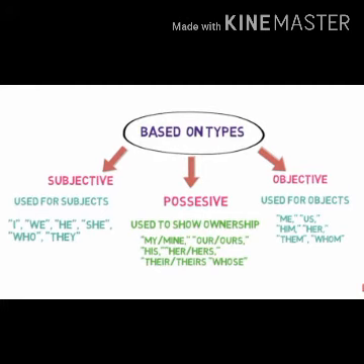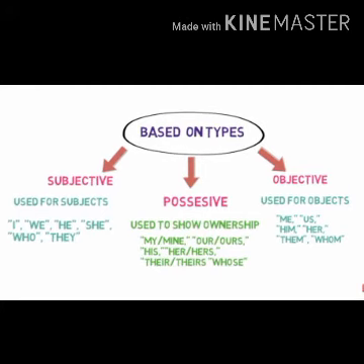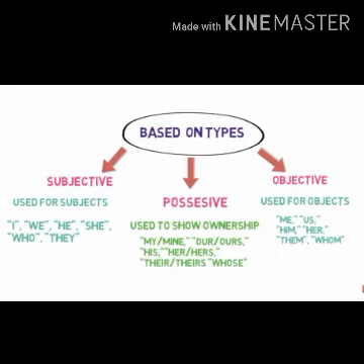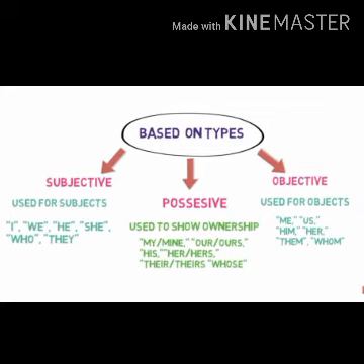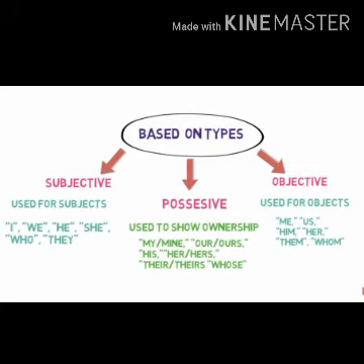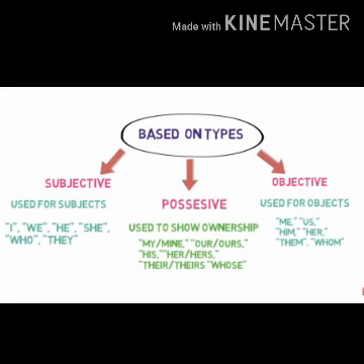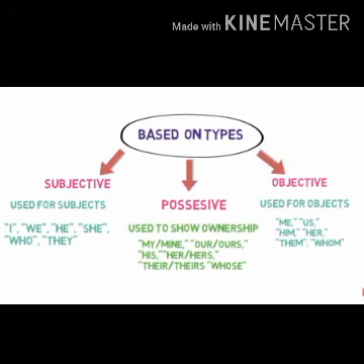Possessive pronouns are used to show ownership of a person in a sentence. Pronouns like my, mine, our, ours, his, hers are a few examples of possessive pronouns. Objective pronouns are those which are used in a sentence as an object. Pronouns like me, us, him, her are some examples of objective pronouns.